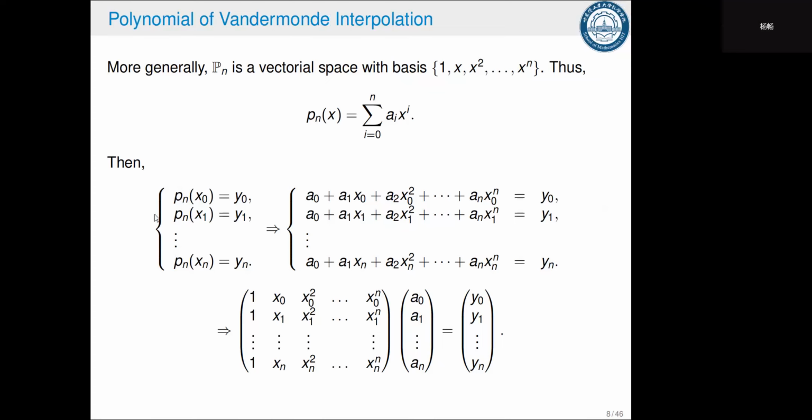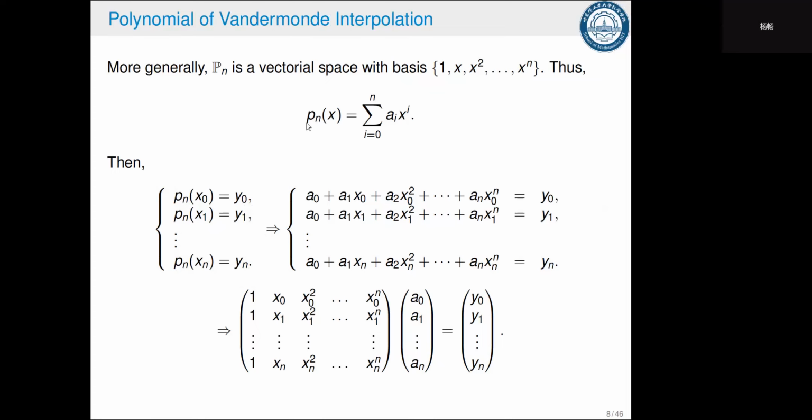You can count here: the first one, second one, until the last one. If you count the index from 0 to n, you have in total n plus 1 interpolation conditions.